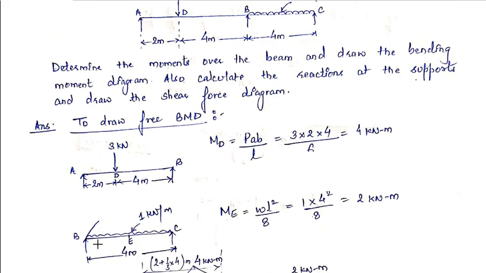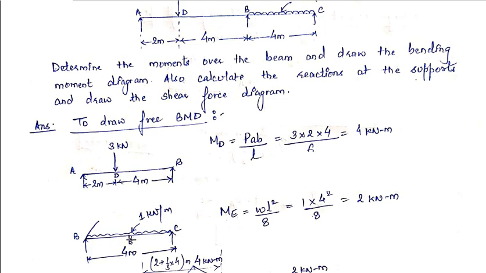Now we will take span BC. Now same, convert BC into simply supported beam and apply the same loading as given in the question, which is 1 kilonewton per meter. Now we know that whenever a simply supported beam is subjected to a UDL, the bending moment is of parabolic profile and the maximum occurs at the midspan of the beam.